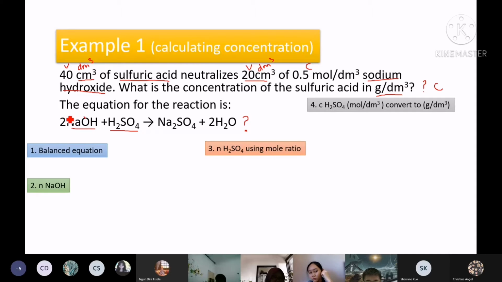The coefficient is 2, it means 2 oxygen atoms, 4 oxygen atoms. 4 oxygen atoms and 2 oxygen atoms. It means 2 plus 4 is 6, and 4 plus 2 is 6, equal. So the equation is balanced.